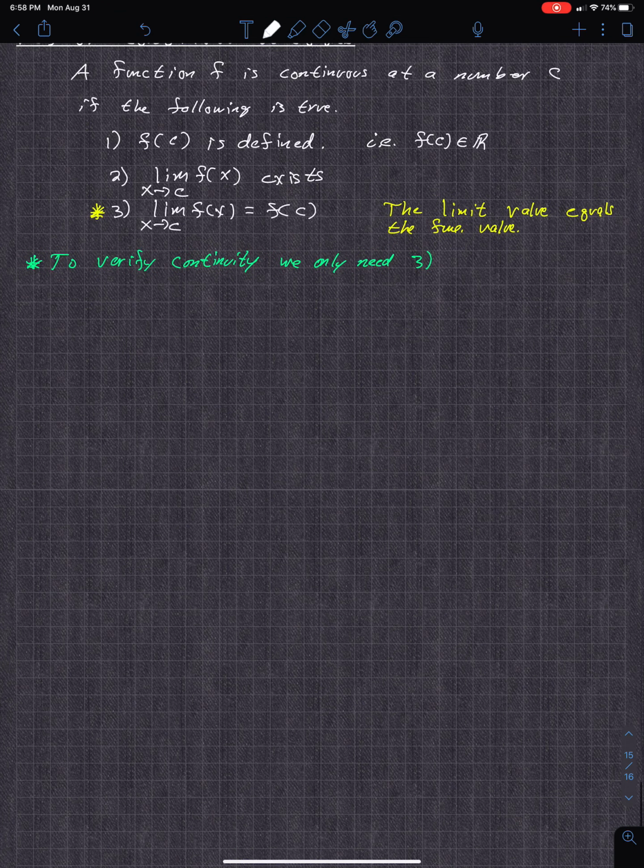So determine what values of x the function is continuous. So determine, of all the real numbers, what values would make the function continuous. So you can say it's continuous everywhere except a certain value, or except an interval.